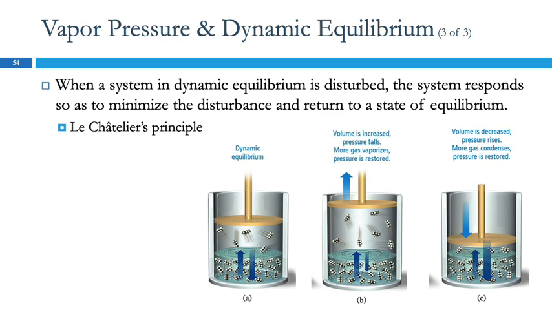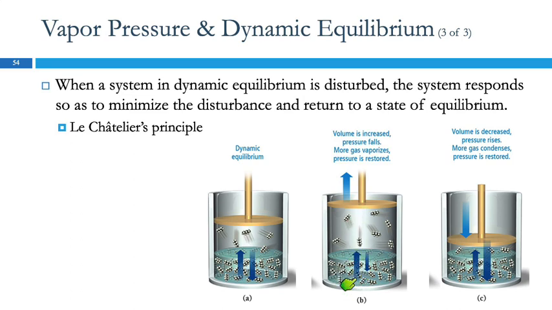No. But it will affect the rate of condensation, right? Because these guys are bopping around in a much larger area now, they're not going to crash into the liquid as frequently, right? So condensation is going to be down. So what's going to happen?